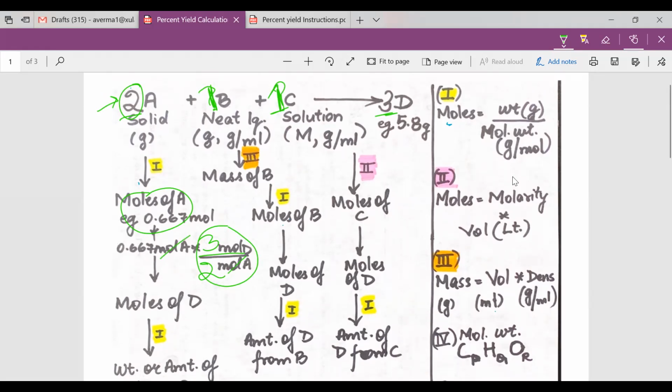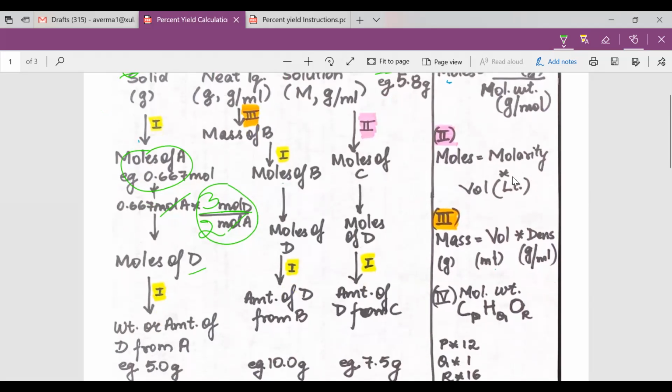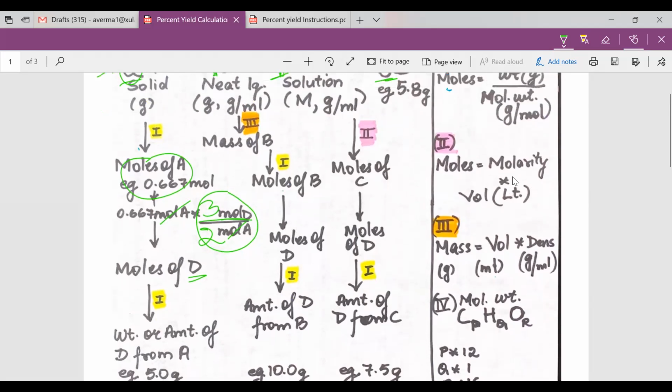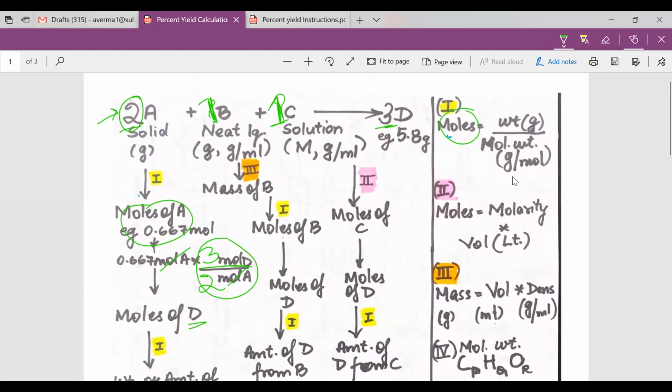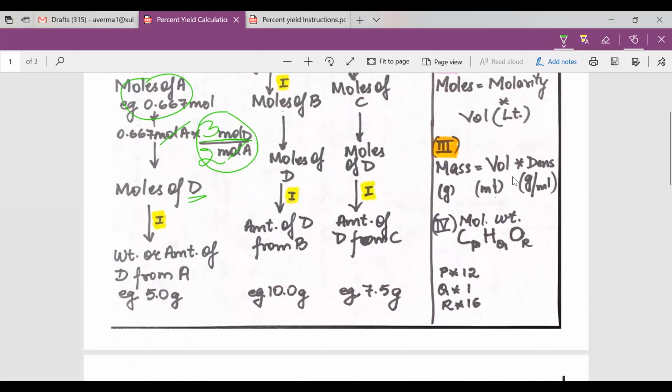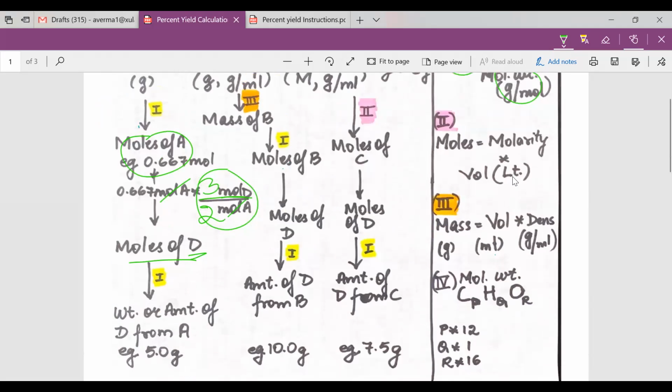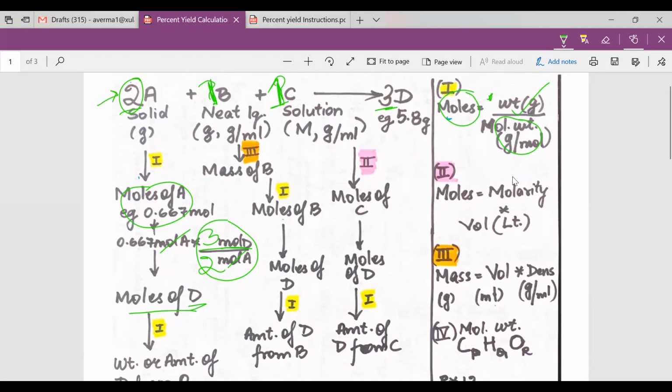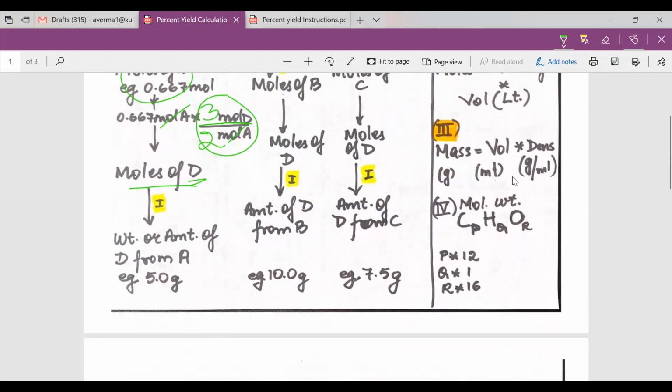This will generate your moles of product, or for our equation, the moles of D. If you have moles and you have molecular weight, we can calculate the weight or the amount of that substance. So if you have the moles of D, using this particular formula right here, we can calculate the amount of product formed from this particular starting material.